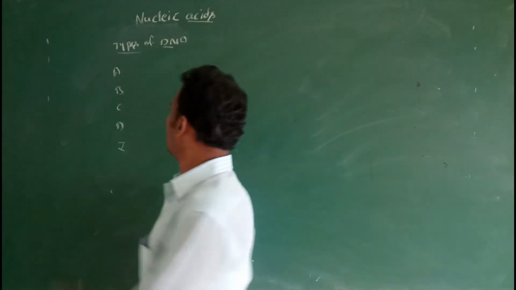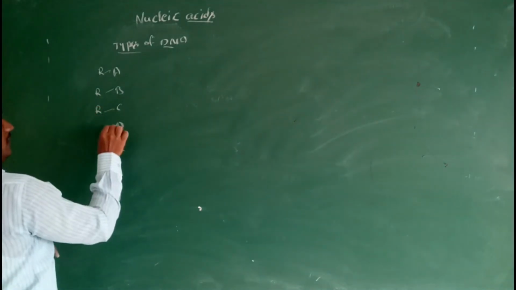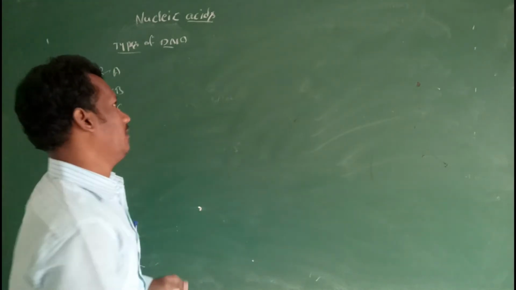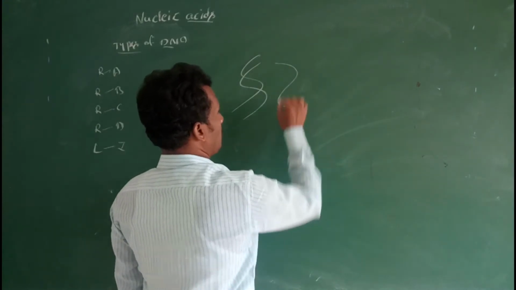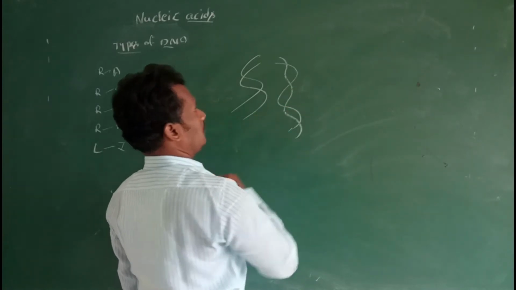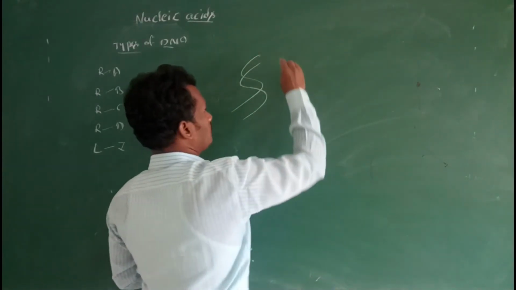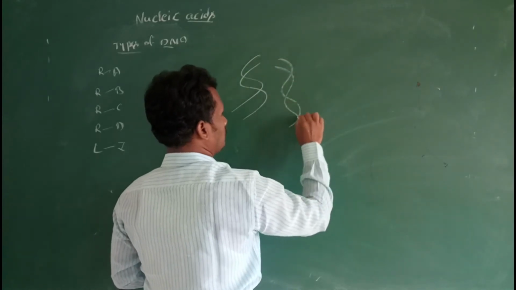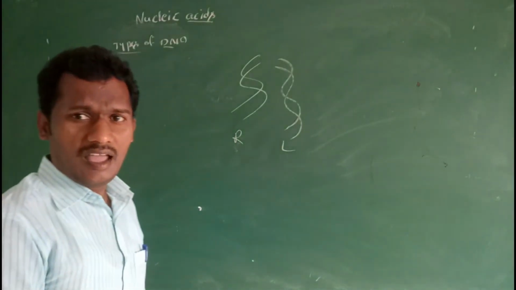A DNA and B DNA are right-handed, while Z DNA is left-handed.